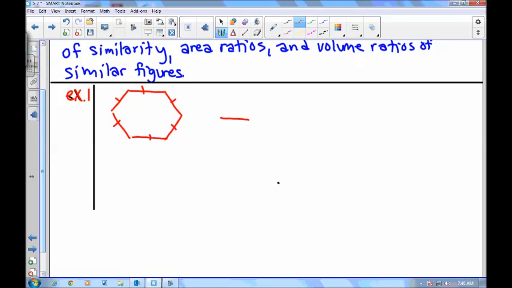And there's another little one. Again, regular hexagon. And the base here is 7 feet and 5 feet.